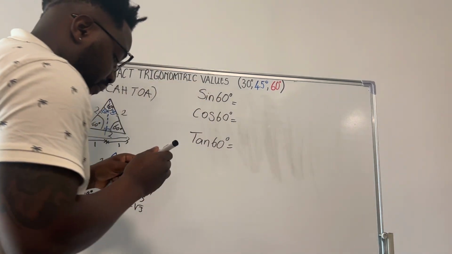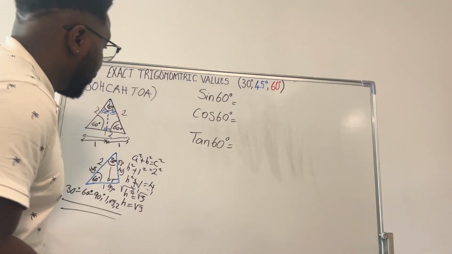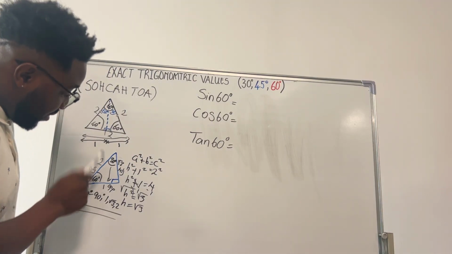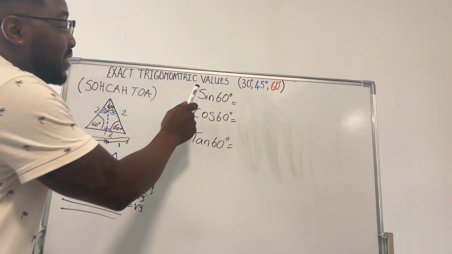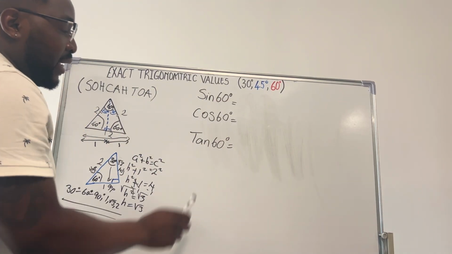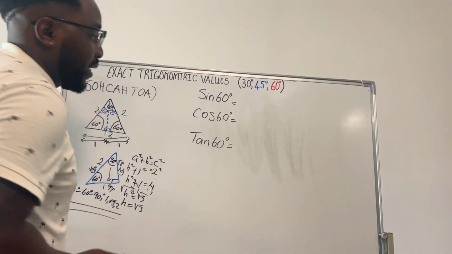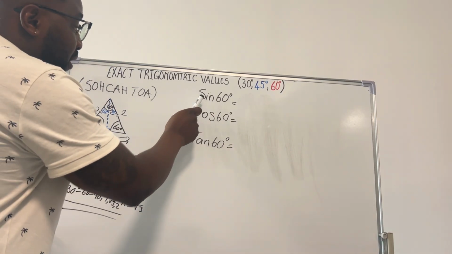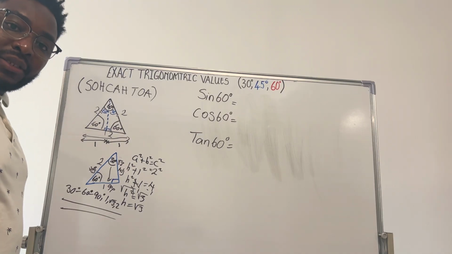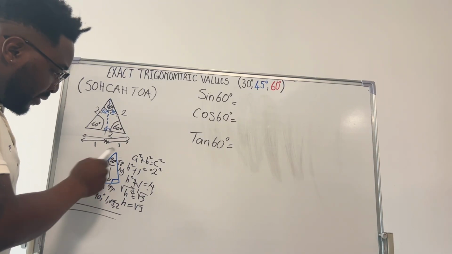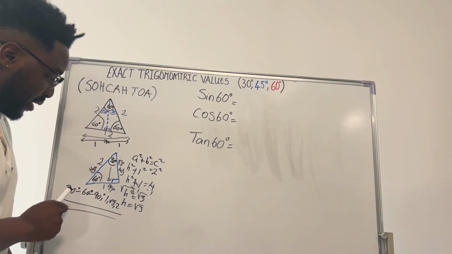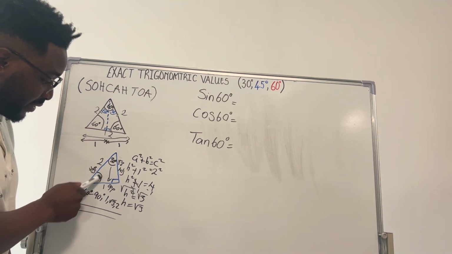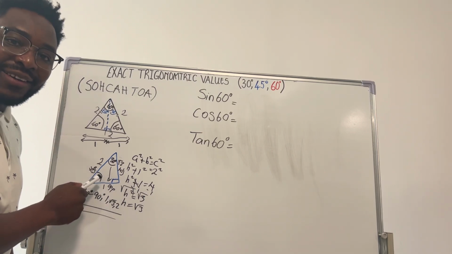And the reason why you didn't see me erase the other part is because we are going to use this same triangle to find sine 60, cos 60, and tan 60. Yes, we're going to use this right triangle here to find the exact values of these three over here. Yes, and if you look at this right triangle over here, we are finding what? The exact value of sine 60, yes, so we're going to use this angle right here, right?